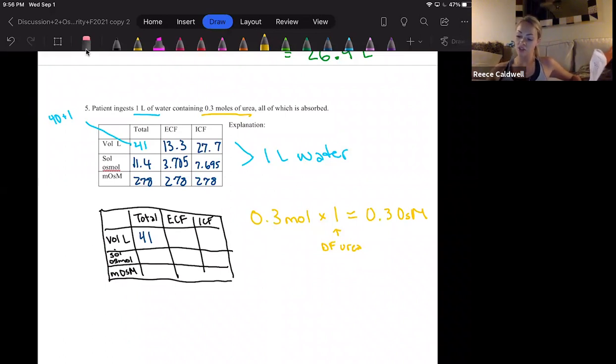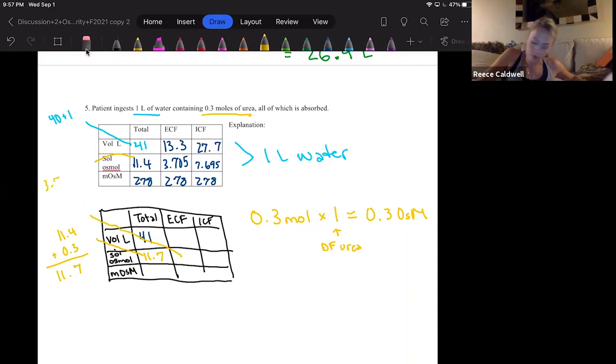So we can add that to our solute concentrations. Here we're going to take that 11.4 from our 1 liter. We will add the 0.3 osmoles, and we will get 11.7 osmoles. We'll do the same thing for our extracellular fluid.